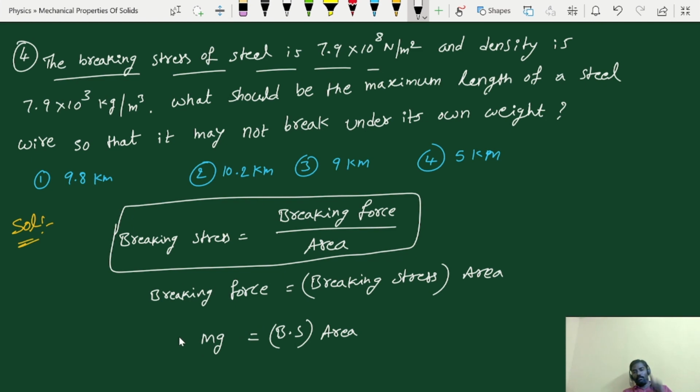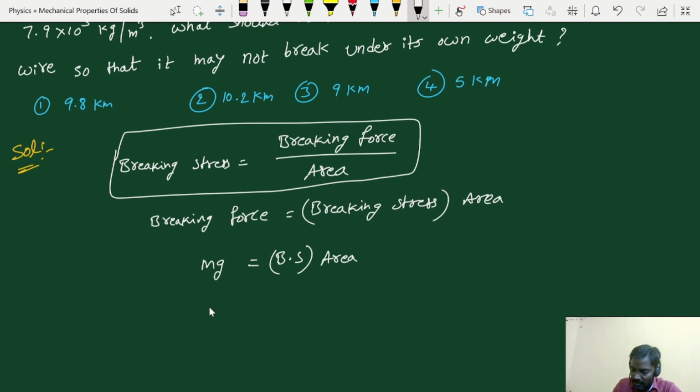You know that breaking force depends on nature, temperature, impurities added, and area of cross section. So breaking stress is independent of the dimensions such as length and area of cross section. And breaking force is directly proportional to area.